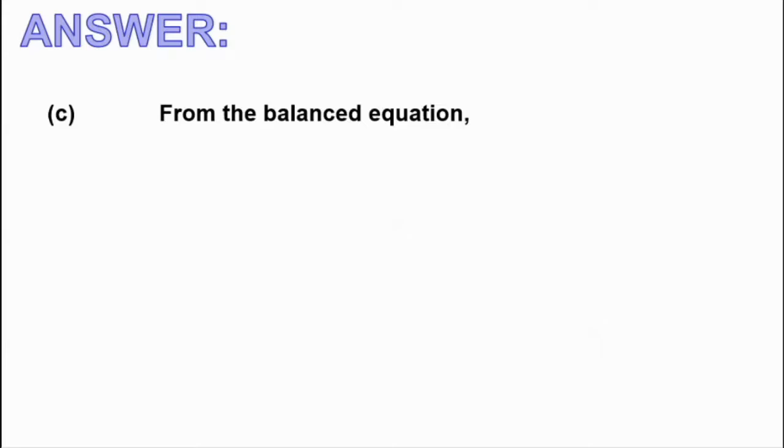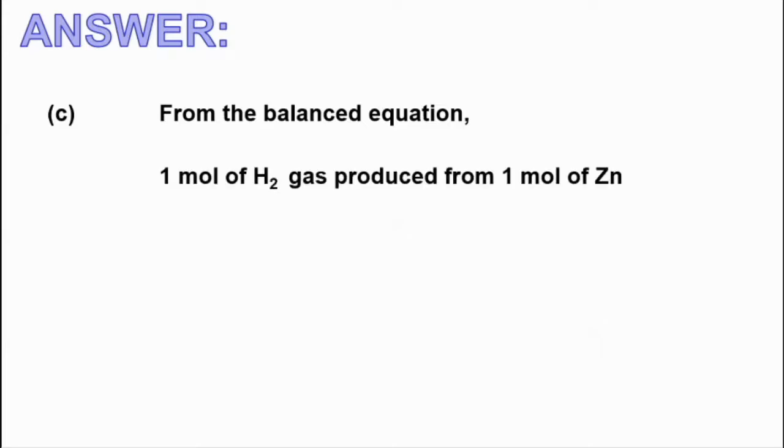From the balanced equation, we know that 1 mole of hydrogen gas is produced from 1 mole of zinc. So this is a stoichiometric relationship between hydrogen gas and zinc, right?